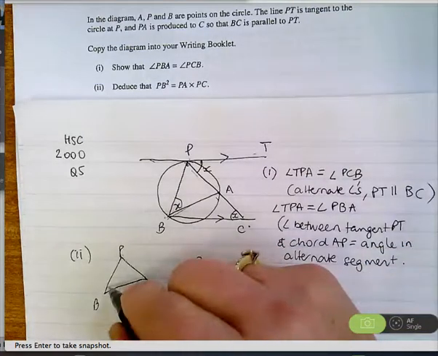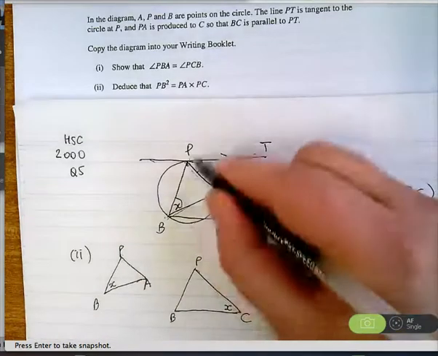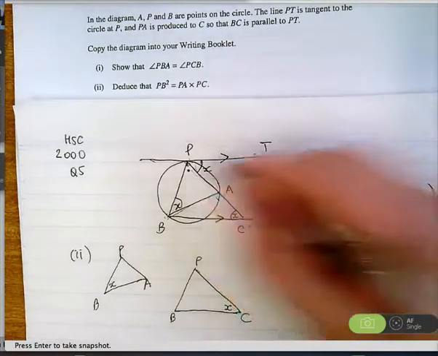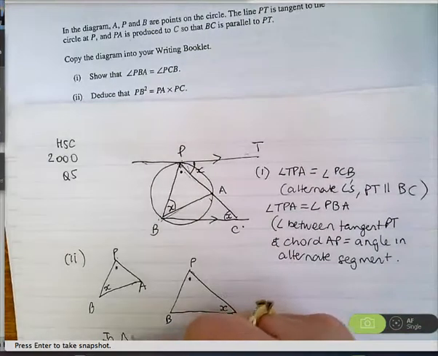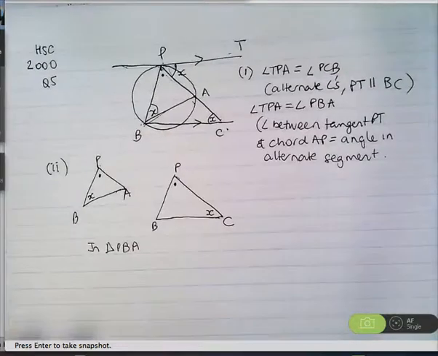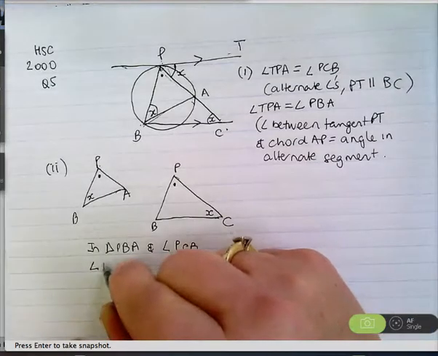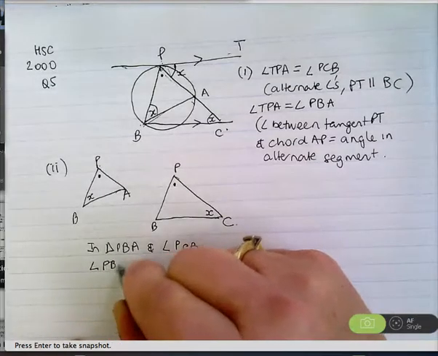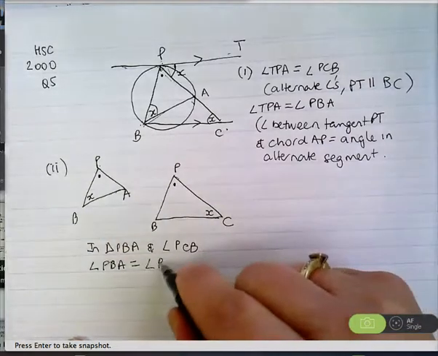In those 2 triangles, I know that this angle here is X and this angle here is X. And isn't angle P common in both triangles? So I've got that they're equiangular. So in triangle PBA and triangle PCB, I've got that angle PBA, that X, equals the other X down here, equals angle PCB.